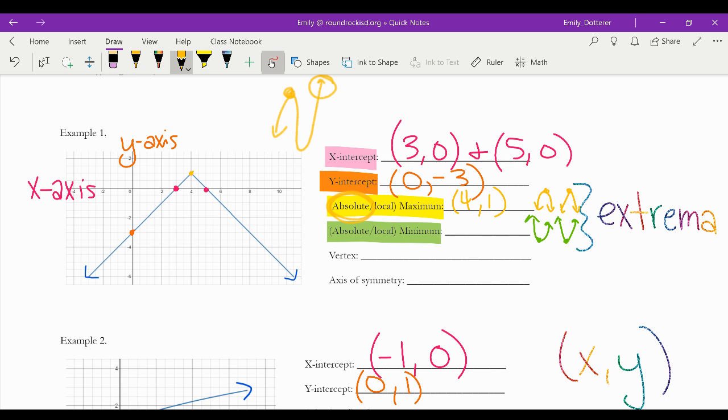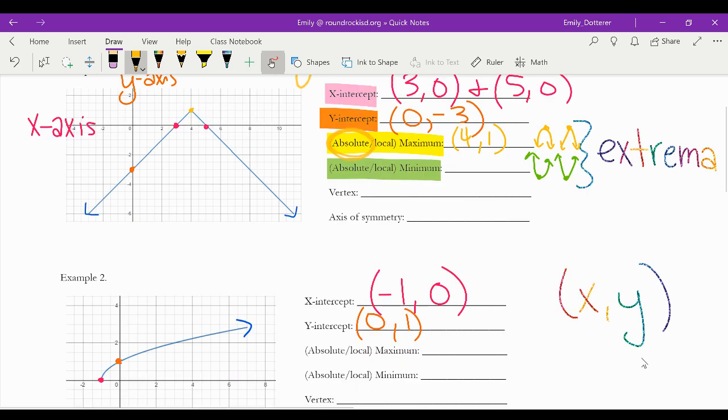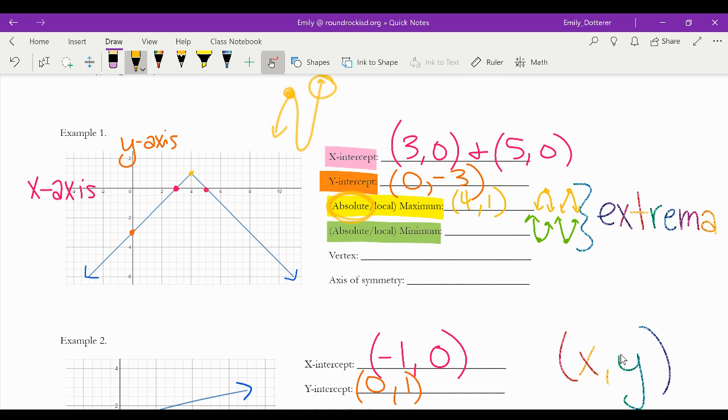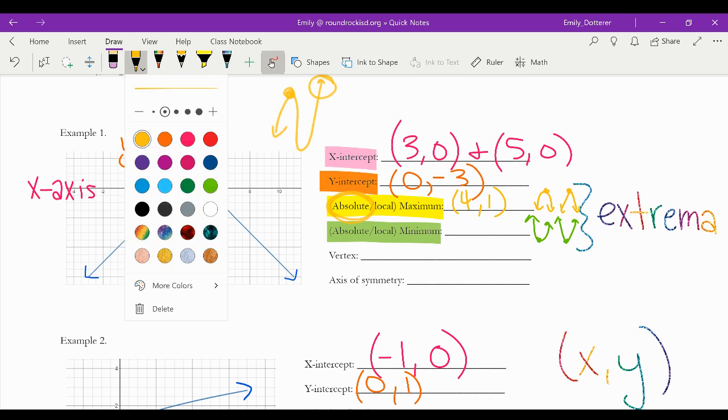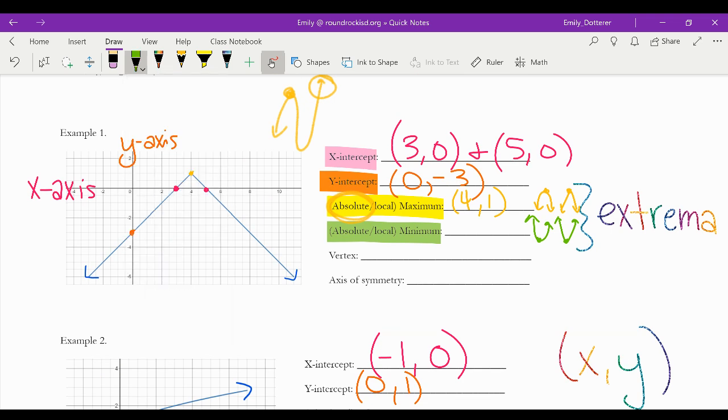So this would be a local maximum because it is the highest point in that area, but we do go higher later on, so it is not the absolute biggest point on the entire graph. In this case, there is a maximum and no minimum. So if a characteristic isn't there, just write none.